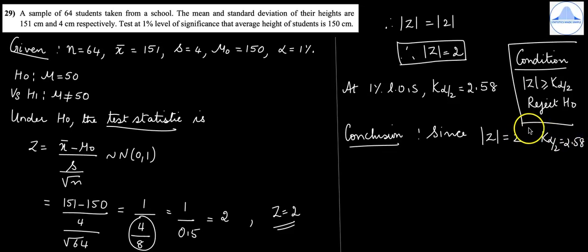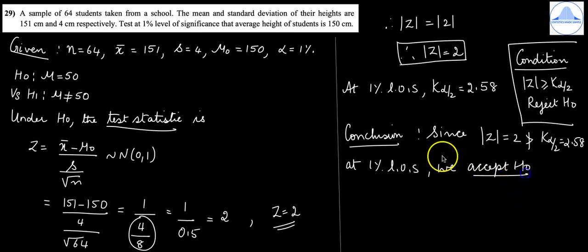So check whether 2 is greater than 2.58. It is not greater. So you write at 1% level of significance, we accept H naught. And when you accept H naught, you should write what is there under H naught, and conclude that mu is equal to 150.